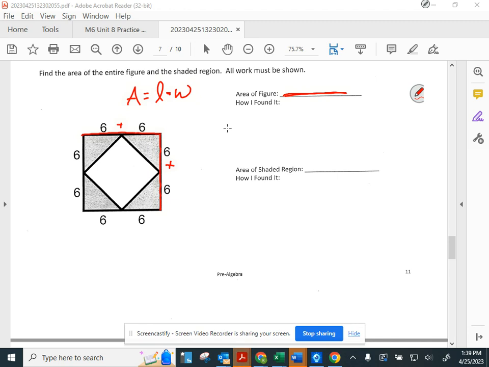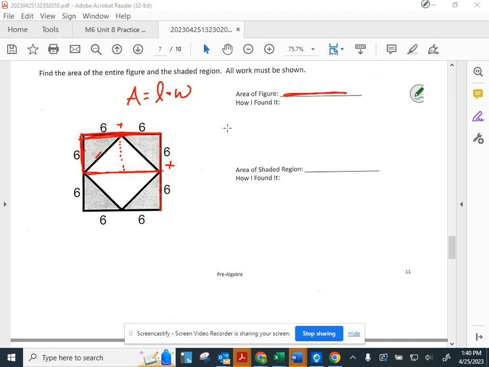Then to find our shaded region, there are multiple ways that I've seen this solved. The way my brain automatically jumped to was, that square can be broken into 2 triangles. I know the base of my triangle is the same as one side, and the height of that triangle is this section right here.